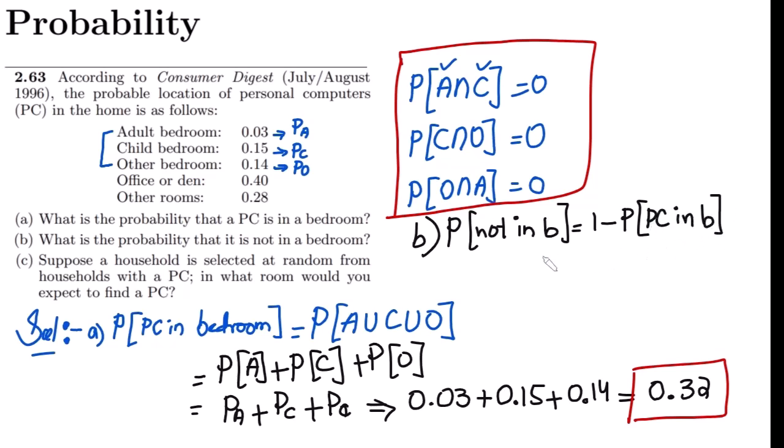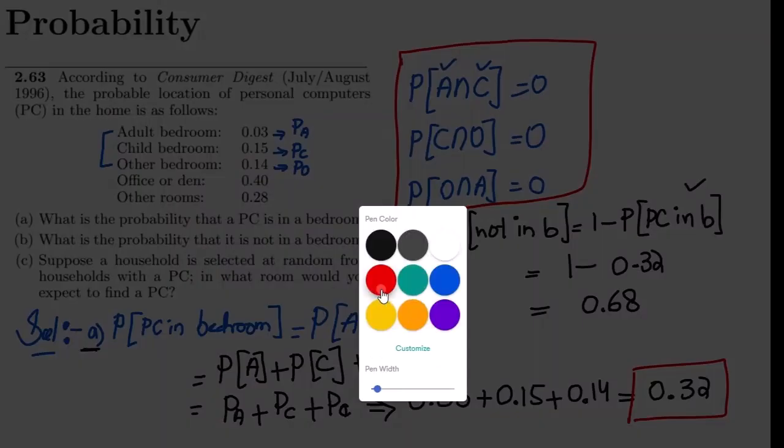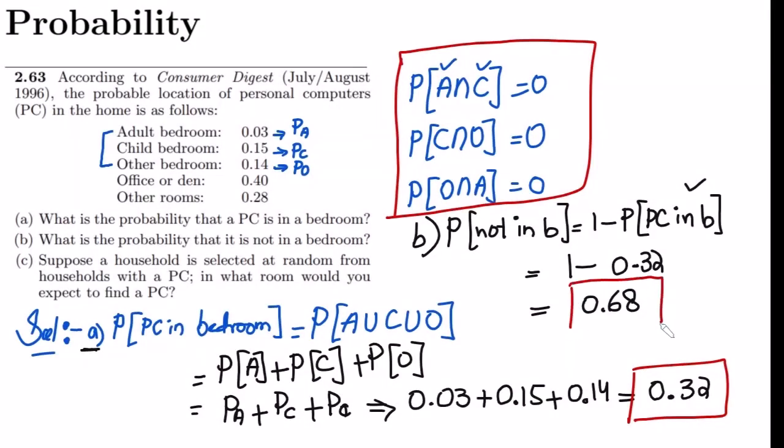Okay, so that's it. We have this formula. Now, do I know the value of it? Yes, I have previously found it out in part A. So let me put it here, and I will get 1 minus 0.32, and ultimately I will get 0.68. That is basically the solution of part B.